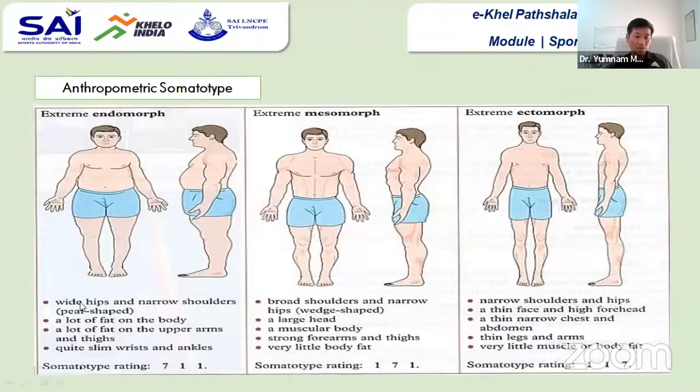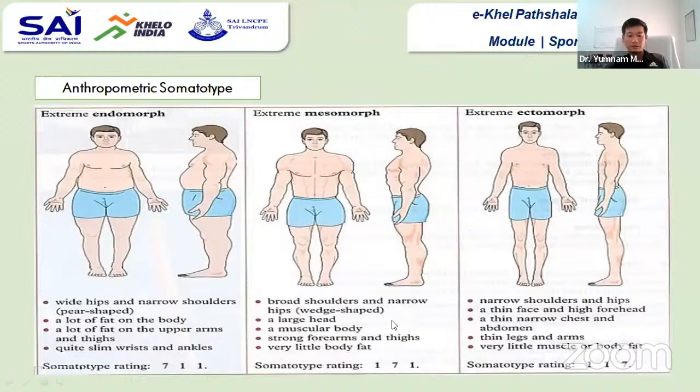You see here, wide hip, narrow shoulders, pear-shaped body, a lot of fat on the body, a lot of fat on the upper arm and thigh, quite slim wrist and ankles. These are some of the physical characteristics of an extreme endomorph individual. For the mesomorph, broad shoulders and narrow hip, wedge shape, a large head, muscular body, strong forearm and thigh, very little body fat.